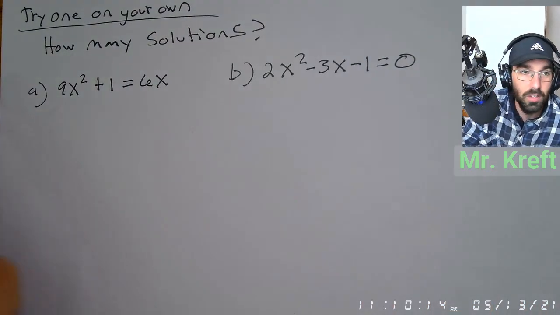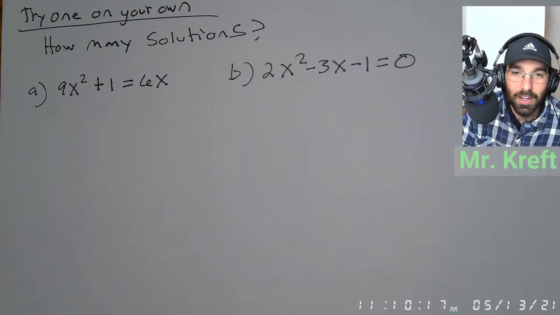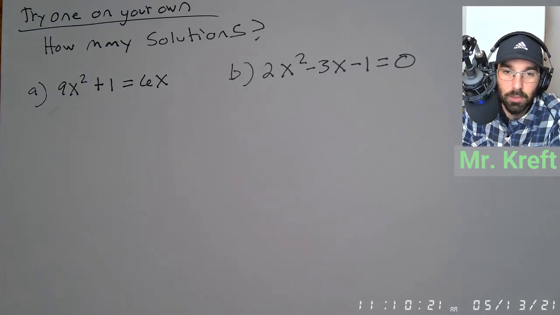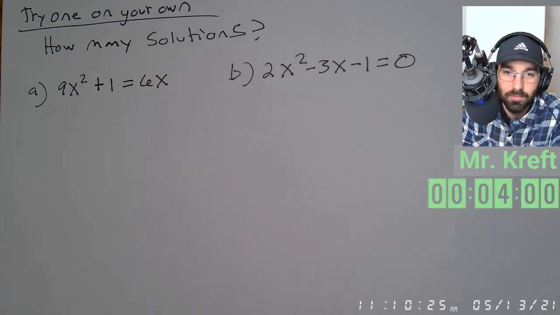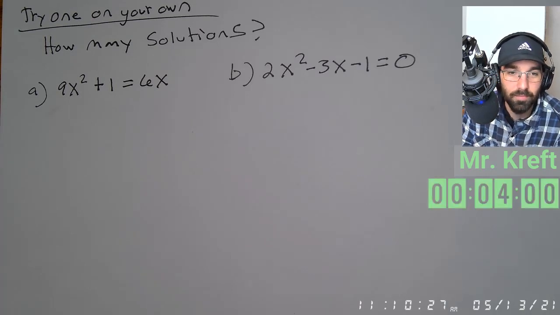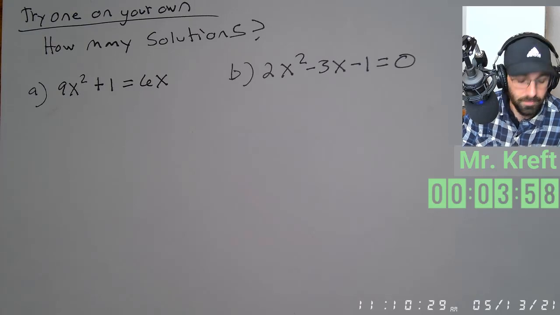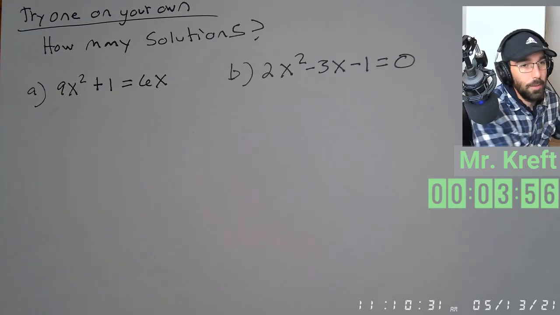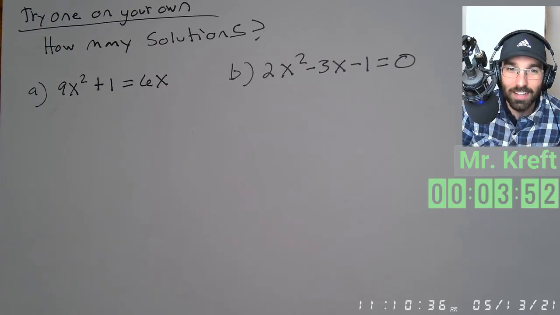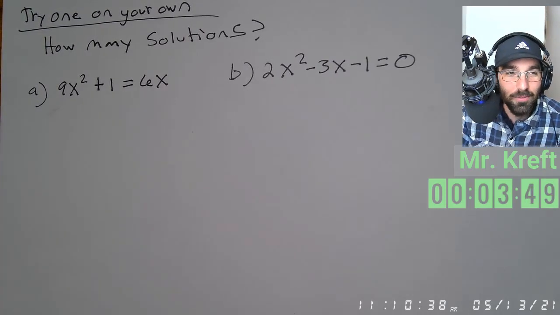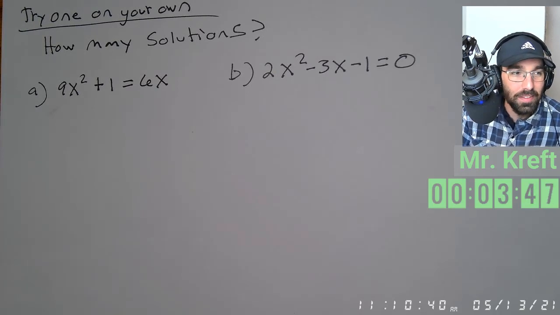I'm going to have you guys figure out how many solutions those have. And I think 4 minutes is going to be just peachy. If you guys have questions during this time, let me know. Now remember, it has to be in standard form for you to be able to get your A, B, and C.